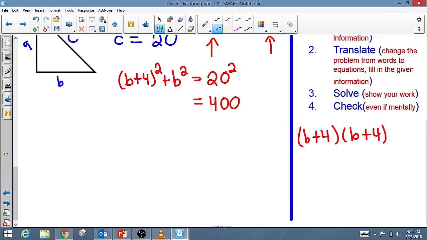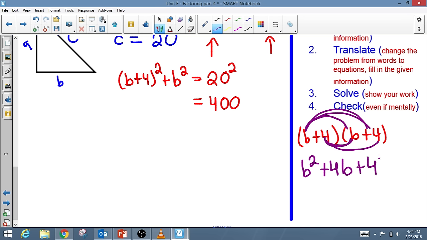So we need to distribute the b and then distribute the 4. So b times b is b squared. B times 4 would be plus 4b. 4 times b is another plus 4b. 4 times 4 is going to be plus 16. And then we will combine those 4b's to 8b plus 16.